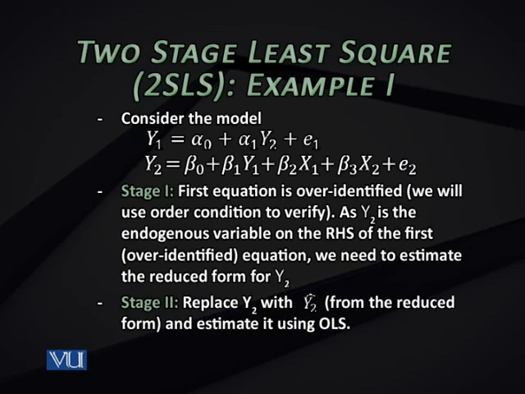Now since y2 hat is not related to the error term, there is no problem of endogeneity, so you can easily apply OLS. So when you apply OLS to y1 on y2 hat, which is the estimated value of y2 on the basis of the reduced form equation, you will get the 2-stage least square estimates of alpha 1 and alpha naught. So this is the way we apply 2-stage least square procedure to these equations.